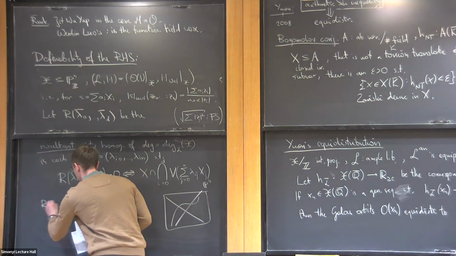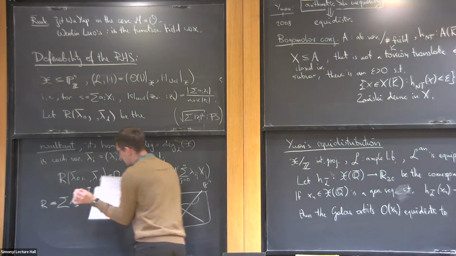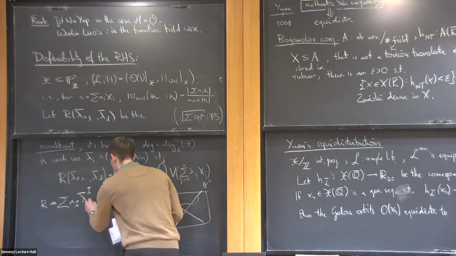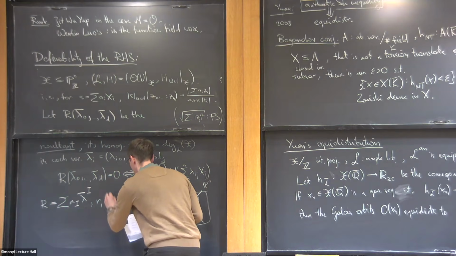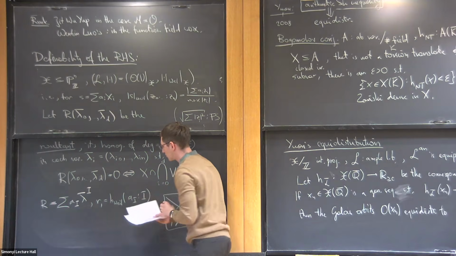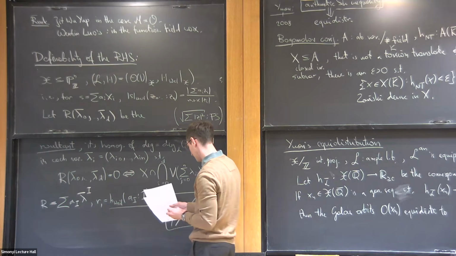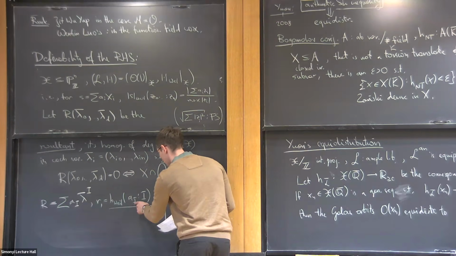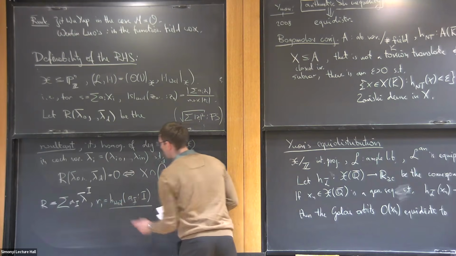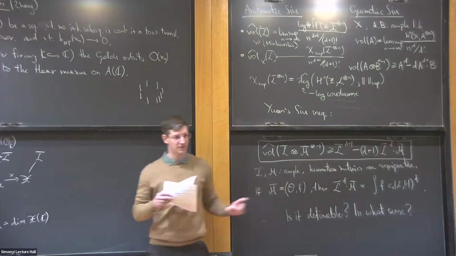Okay, this polynomial has some variables, so I can write it as a sum of some a_i times lambda_i, and then I take the Weil height of this tuple a_i. So I look at just the coefficients of the resultant, and I take the Weil height of that, which I think was introduced in some previous lectures. This number is not exactly the arithmetic intersection number, but it's very close.